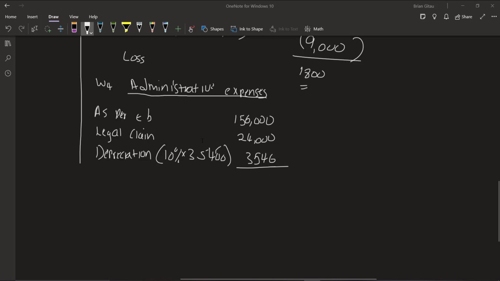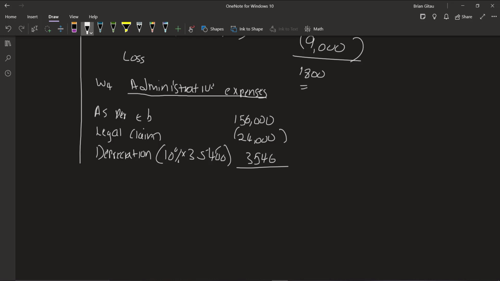But recall, this legal claim was included, so we need to less it. If you read additional information number 5, the directors estimated that there was a 40% possibility of the claim being successful, and they had made a provision of 24 million.